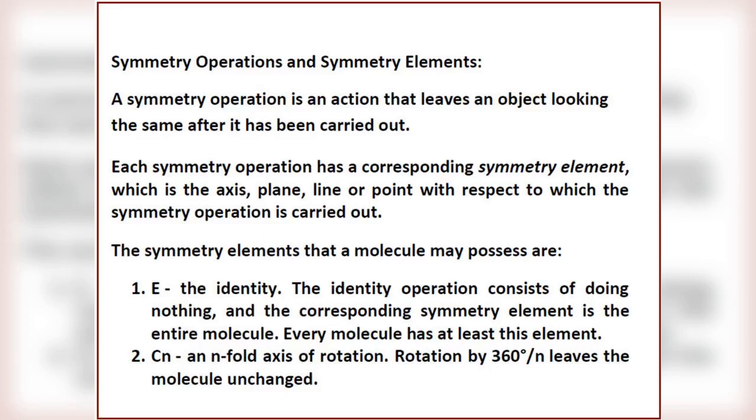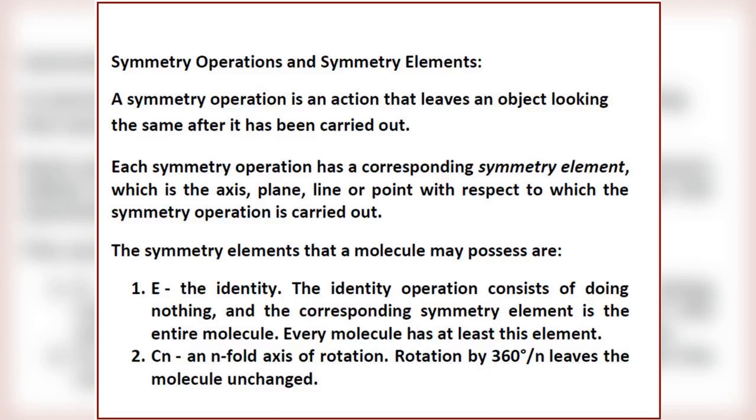The symmetry elements that a molecule may possess are 5: E, identity; Cn, n-fold axis; sigma, plane of symmetry; i, center of symmetry; Sn, n-fold improper rotation axis.